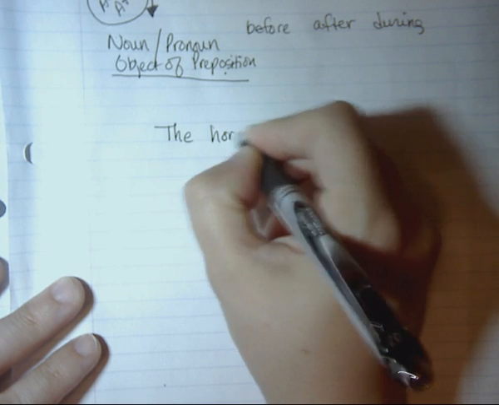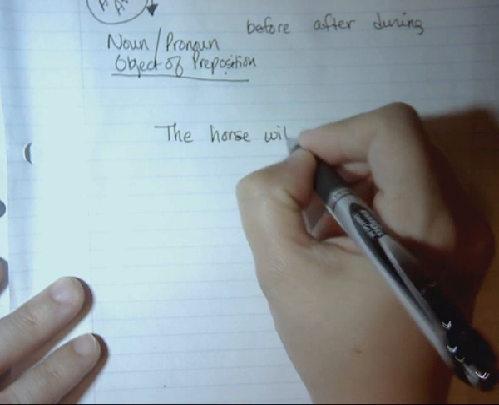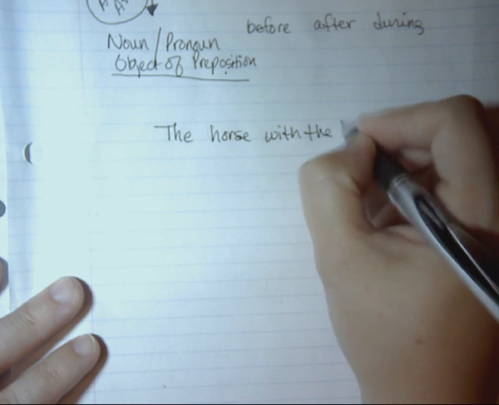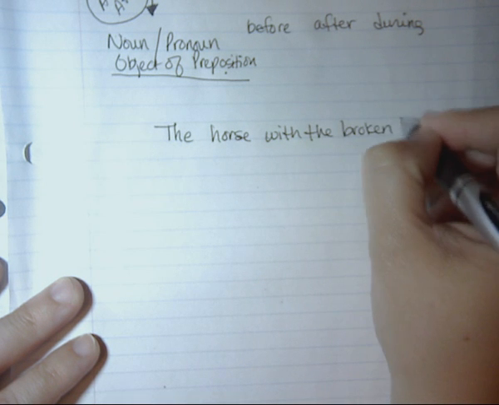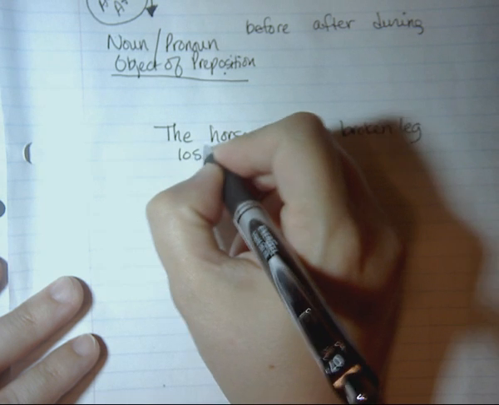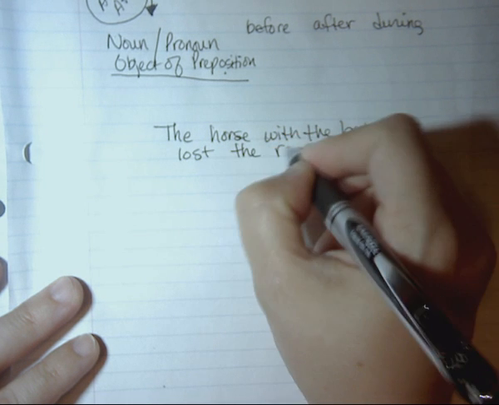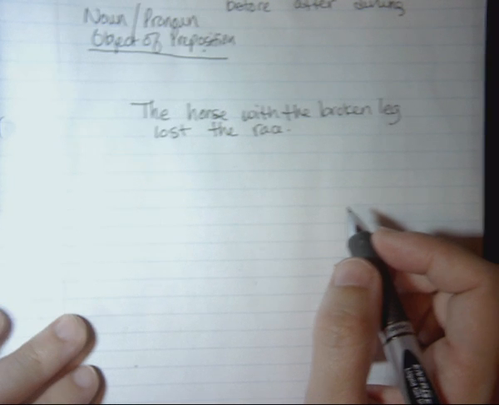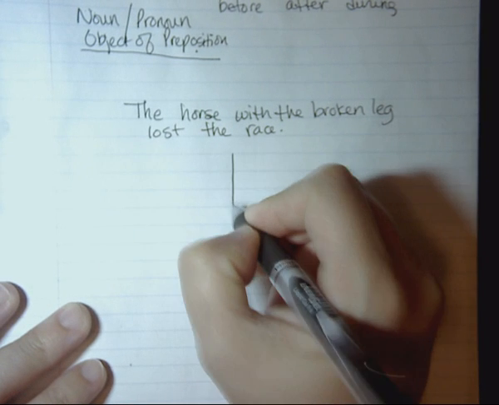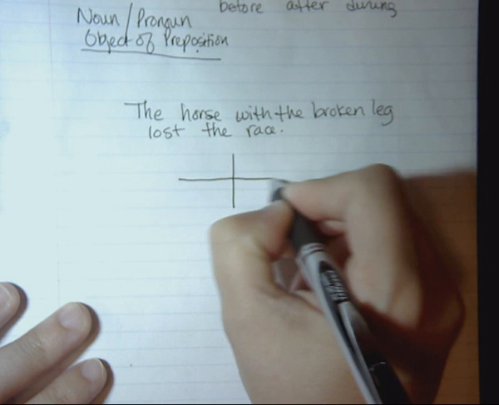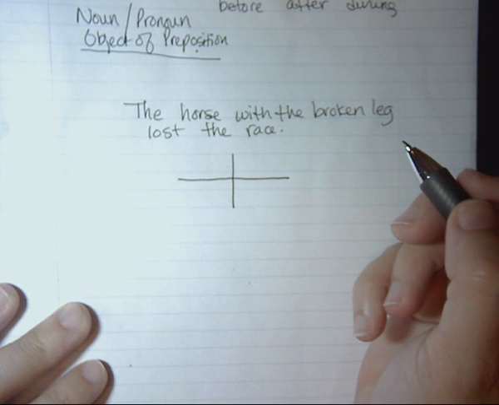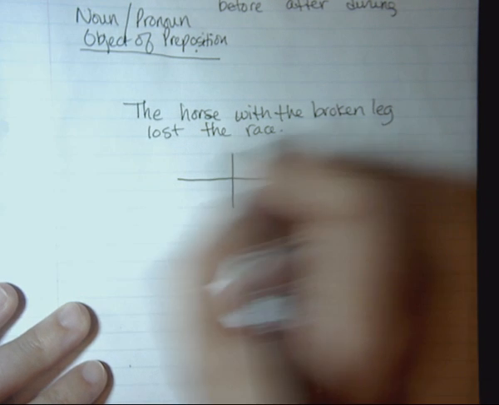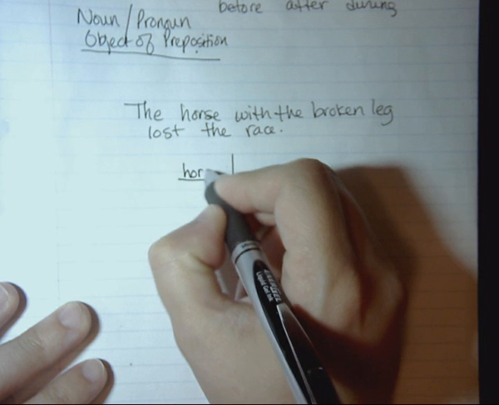The horse with the broken leg lost to the race. Poor horse. It's not his fault. Okay, now we start just like we did before with our crisscross applesauce, or our XY axis if we're going to be all sophisticated. And our subject goes right here, which is horse.